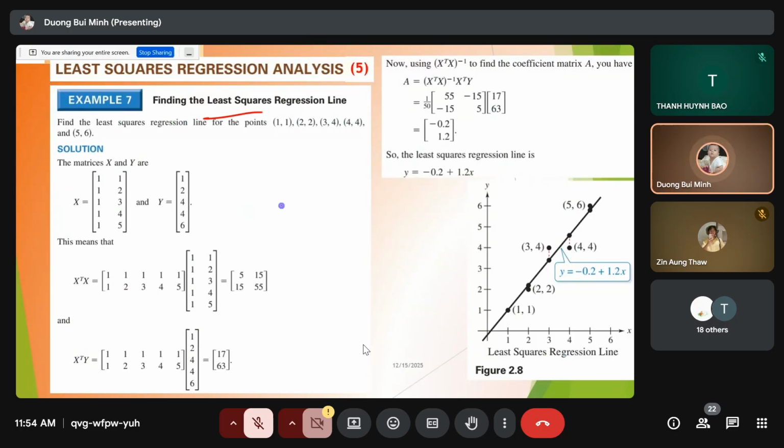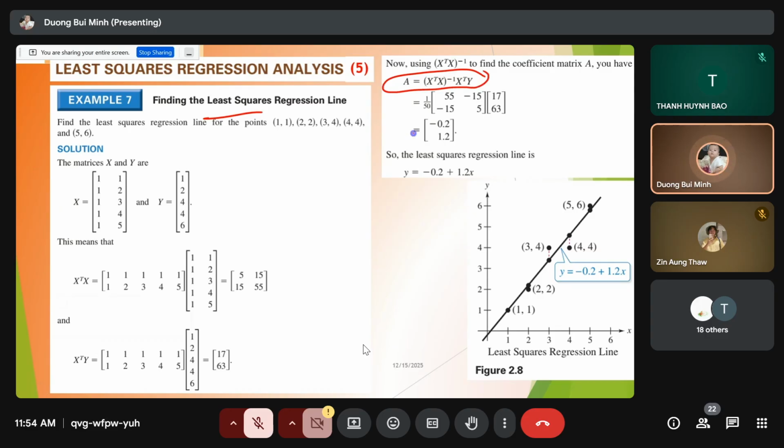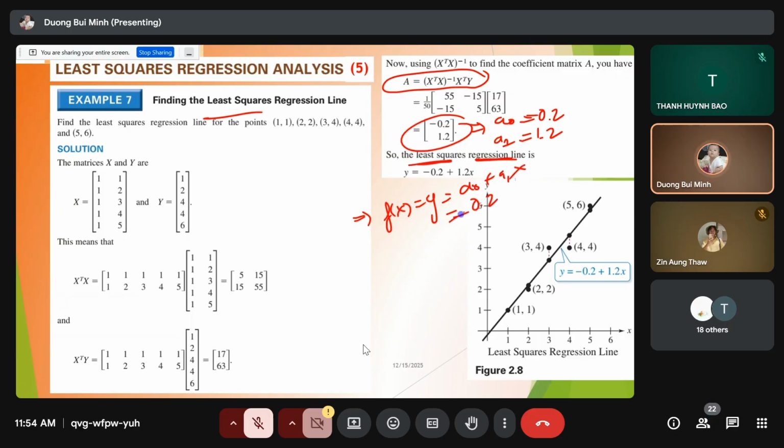And in this example, after we apply this, you can get a. So a0 is -0.2 and a1 is 1.2. And then you can get the linear curve or regression curve: f(x), or y, is a0 plus a1x, which is -0.2 plus 1.2x.